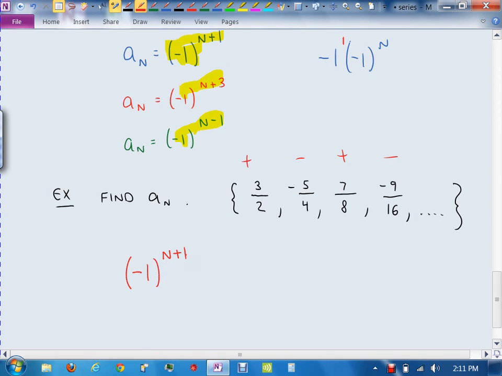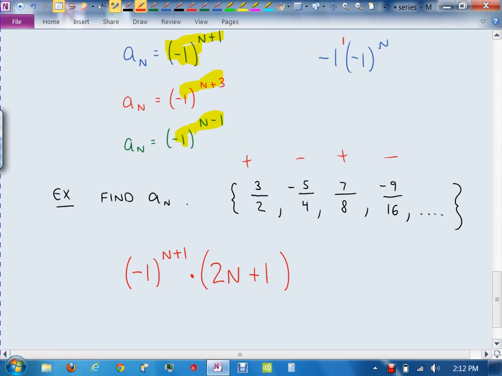How could I create even numbers? 2 times n would create evens. But I want odds starting with 3, so plus 1. So what happens if I plug 1 into this? I get 2 plus 1 is 3. What if I plug in 2? 4 plus 1 is 5. Plug in 3. 6 plus 1 is 7. See? That'll create my odds starting at 3.